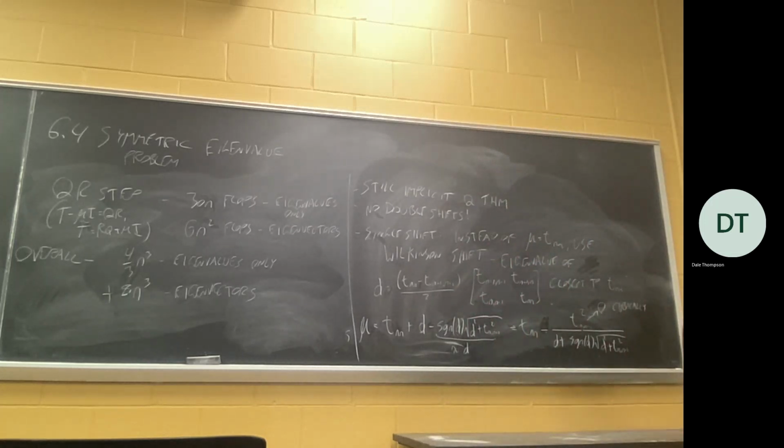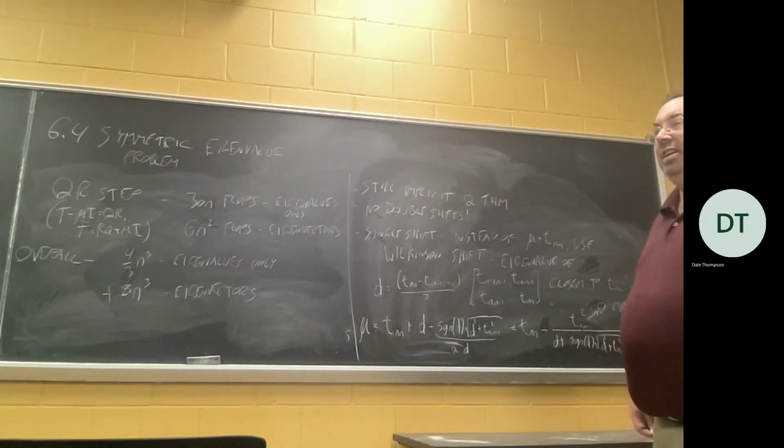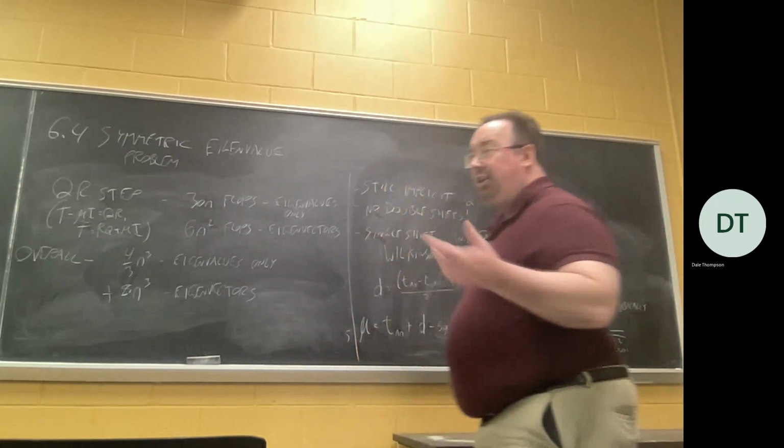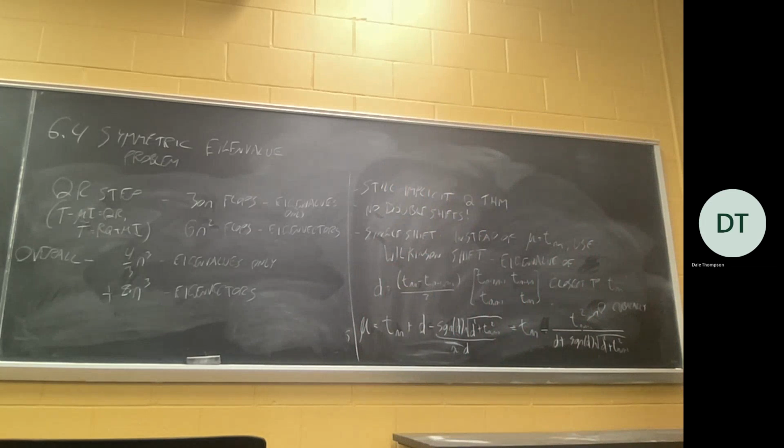It makes sense, like for instance, we're doing Gauss elimination, 2/3 n cubed operations, but if you had a symmetric positive definite matrix and you were doing LDLT or Cholesky, you were incurring half as many operations. But here we gain even more than that.